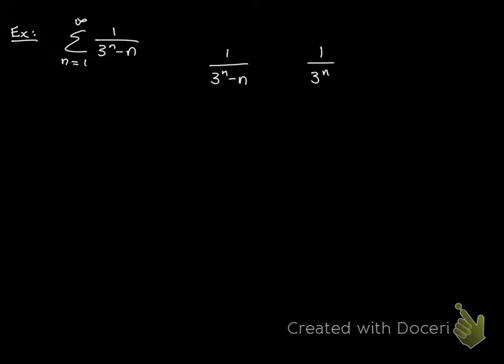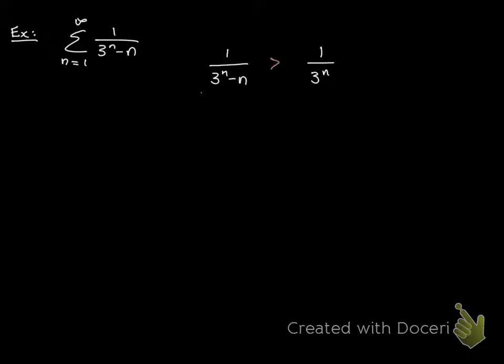When I take away n in the denominator, when I'm subtracting n, I've made the denominator actually smaller instead of larger. Before I was adding n in the denominator, which made the denominator larger, which made the whole fraction smaller.